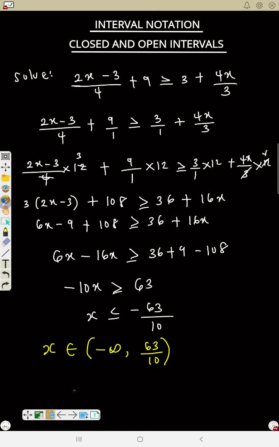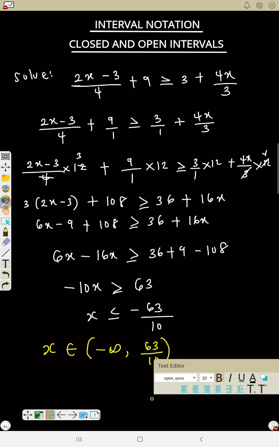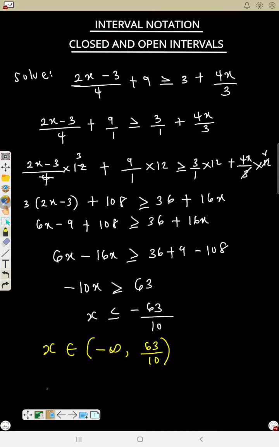But if it is on number line, let's say this point is 63 over 10. So just to cut it short, everything to this place will be, so let's say this is minus, here will be plus infinity, here will be minus infinity.